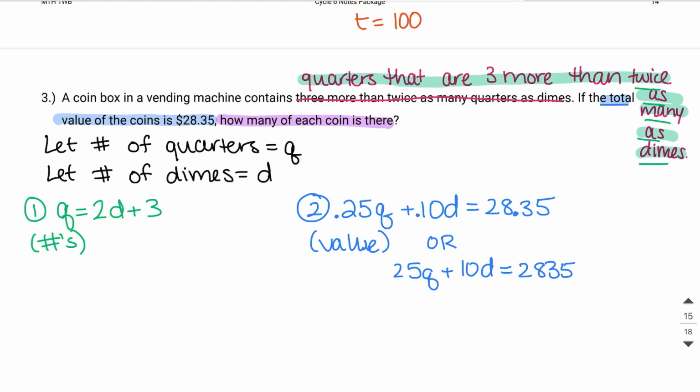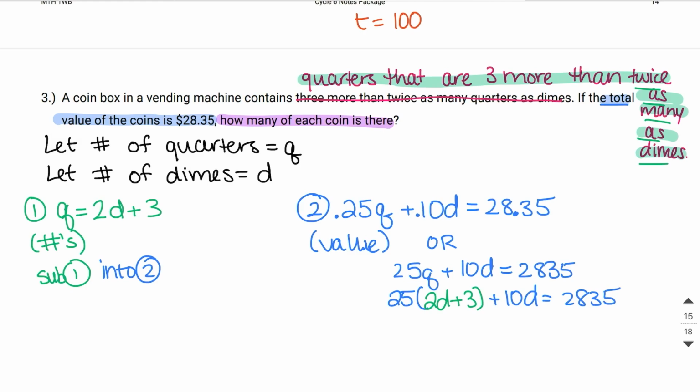Okay, great. So now I'm going to sub equation 1 into equation 2. I don't have to do any isolating at all because the Q is already isolated here. So every time I see a Q, I'm going to replace it with 2D plus 3. Copy the rest of this down.